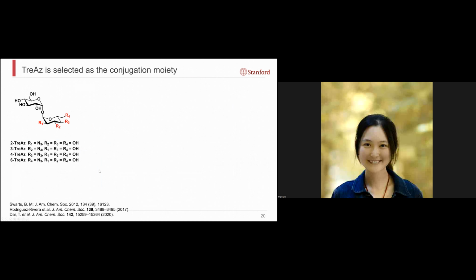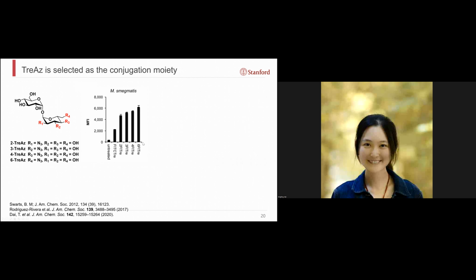So in this case, we selected the trehalose sugar for the anchoring molecule because of the synthetic flexibility, that we could use click chemistry. And this molecule has also been reported in past studies. Further, it has been reported that by modifying different positions on this sugar molecule, you can achieve different labeling efficiency of the bacteria.